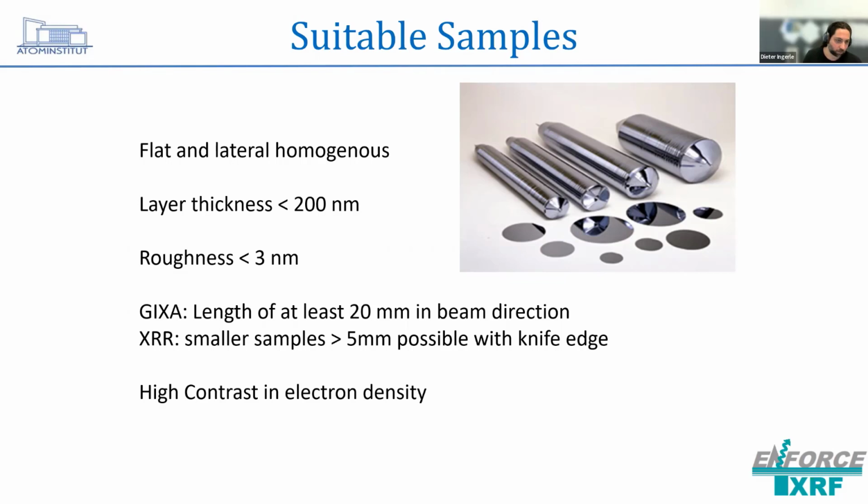And in TXRF, if you think about it, it's quite similar. The more sample mass you deposit, the more complicated it gets with absorption effects and so on. And for the layers, the problem is that if we have thicker layers, then we will no longer see, in the reflectivity but also in the coincidence, this interference effect.